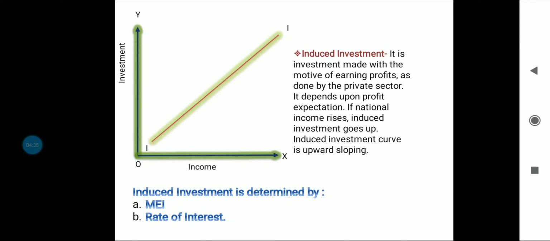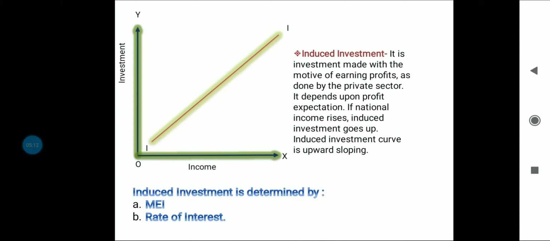Here again, we measure the level of income on the x-axis and the level of investment on the y-axis. The two determinants are important as far as induced investment is concerned. The first one is MEI, the marginal efficiency of investment. What is marginal efficiency of investment? The rate of return on the additional unit of investment, meaning the expected rate of return.